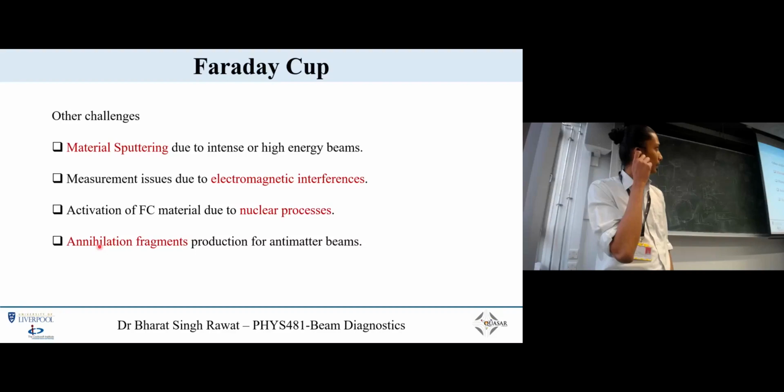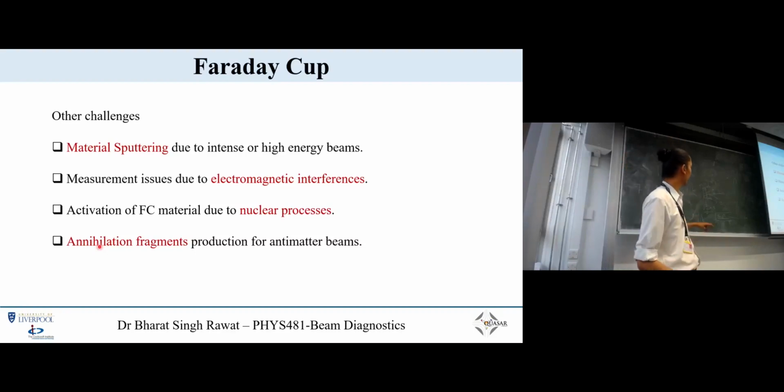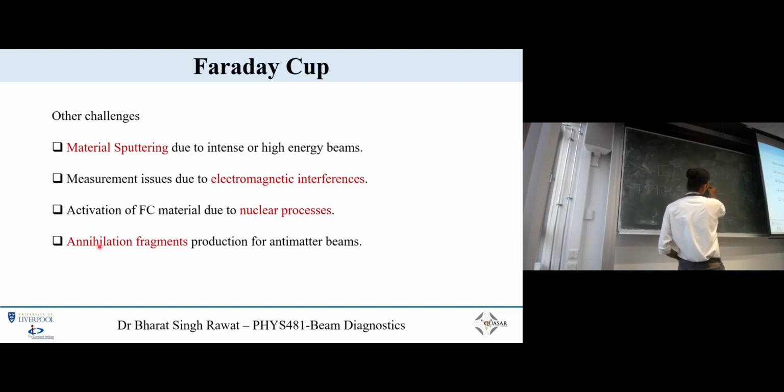Other challenges, material sputtering. So as I said, as the beam interacts with the material, it will sputter material. So the material will come out, and due to sputtering, what happens is, since this is isolated, you use some kind of alumina ceramic to isolate, and this is at very high voltage, let's say minus 500 volt.